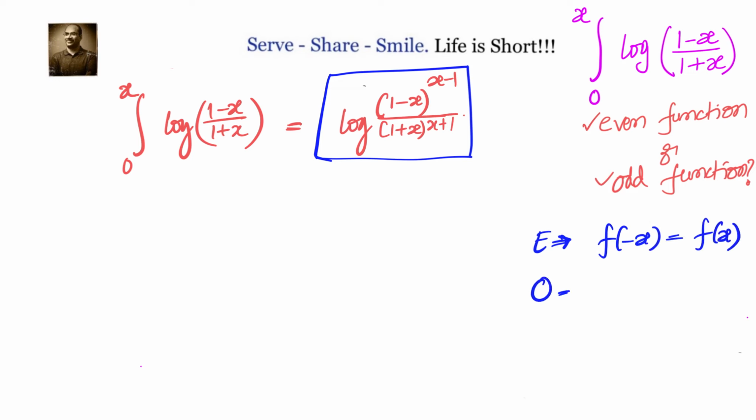If it is an odd function, then f of minus x equals minus of f of x. Now we already know that this is our f of x, so let us find out what our f of minus x is.